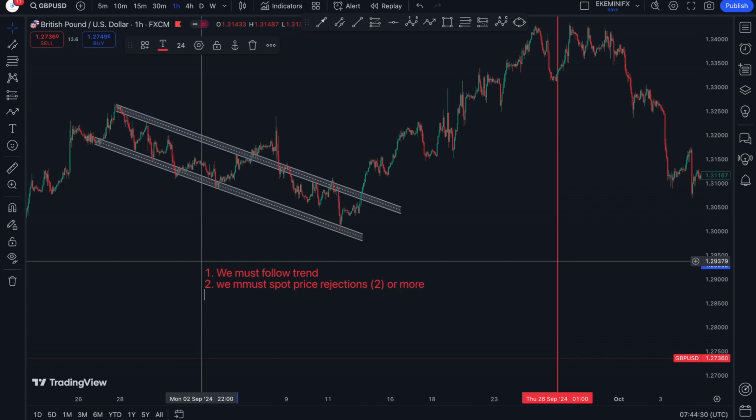We are trying to build a strategy. Three, we must confirm an engulfing or inside bar.